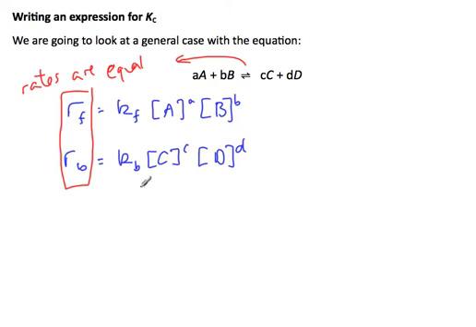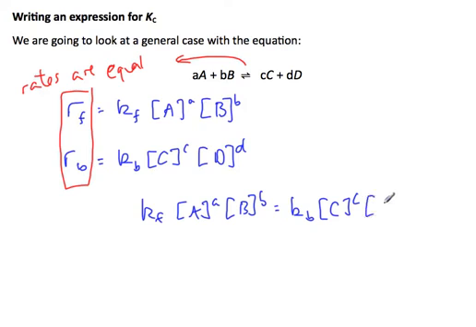And if they're equal, we can say that KF times [A] to the a, times [B] to the b, equals KB times [C] to the c, times [D] to the d. I think you know where I'm going here.